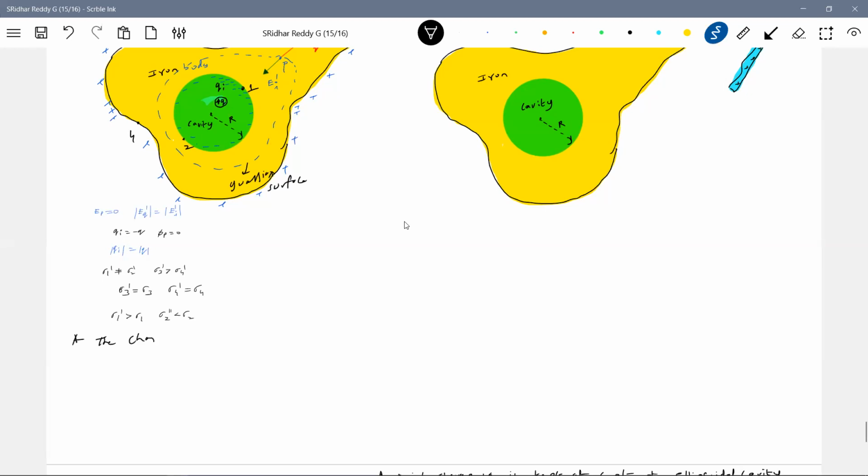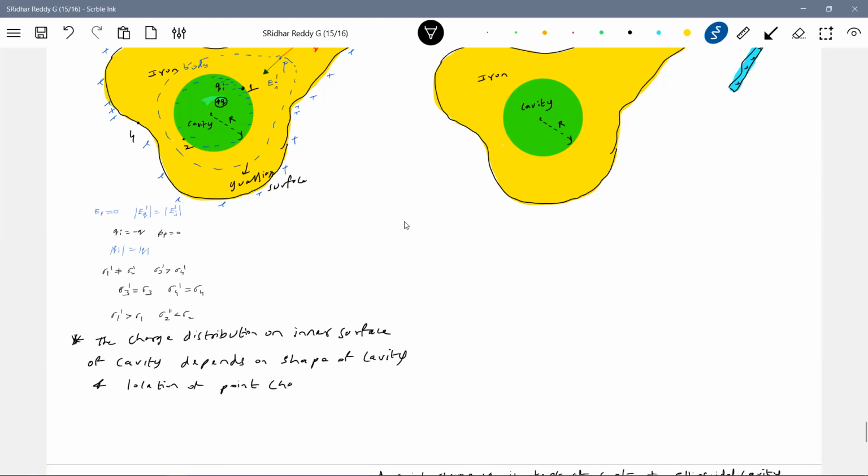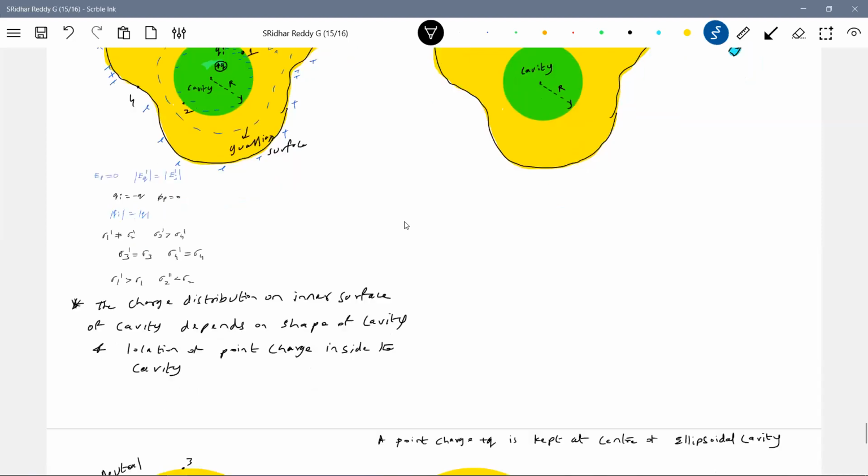The charge distribution on inner surface of cavity depends on shape of cavity and location of point charge inside the cavity.